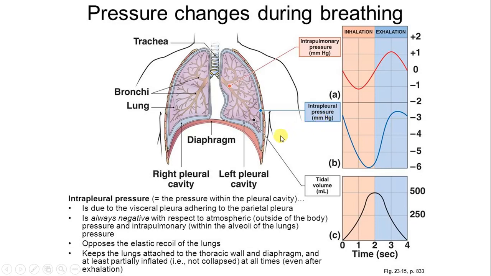Now, the pressure within the pleural cavity, due to the visceral pleura adhering to the parietal pleura, is always negative with respect to atmospheric pressure, which is the same as the pressure within the alveoli, the intrapulmonary pressure.